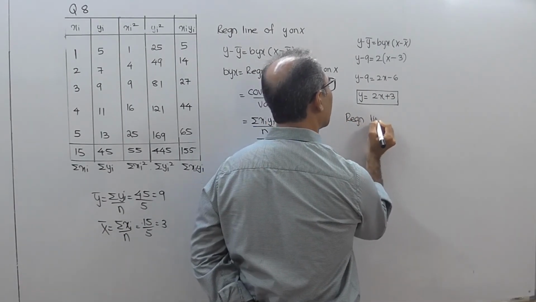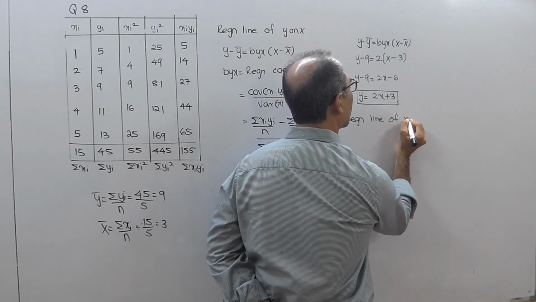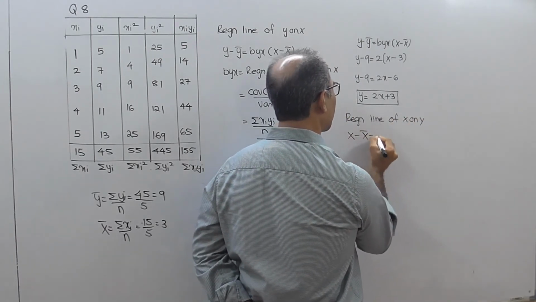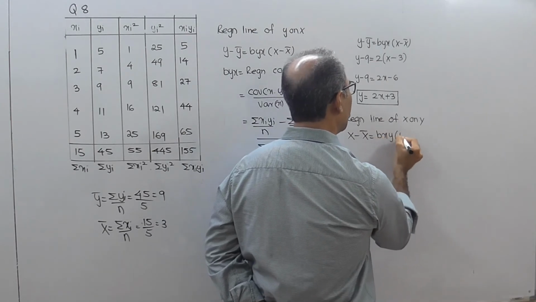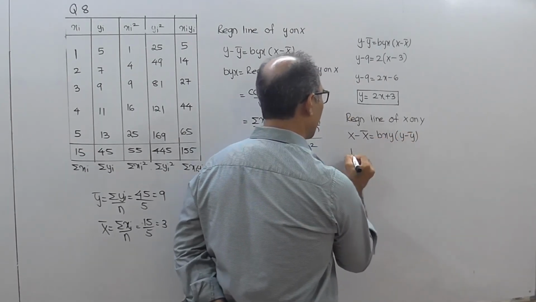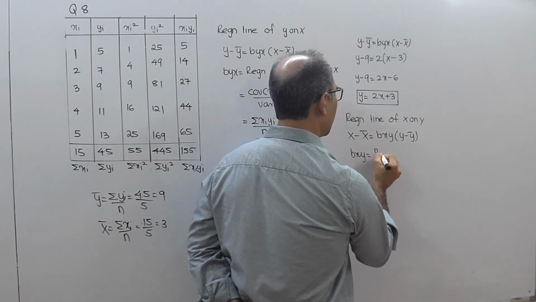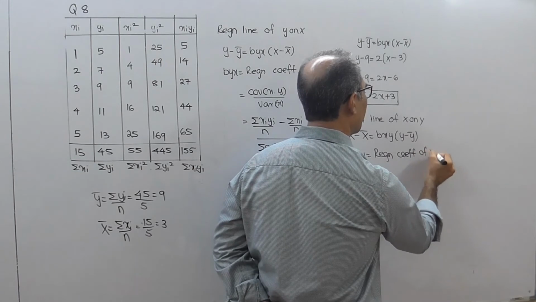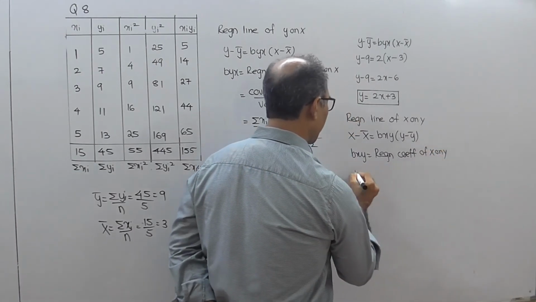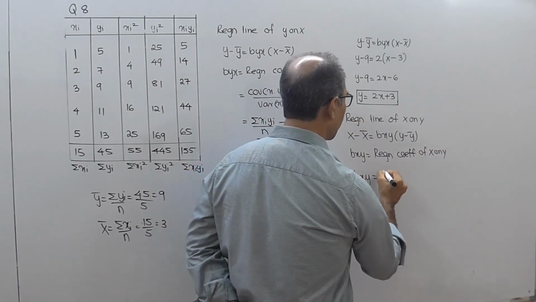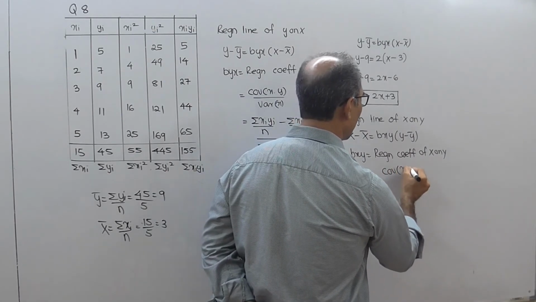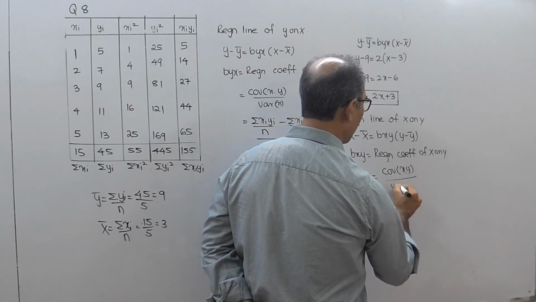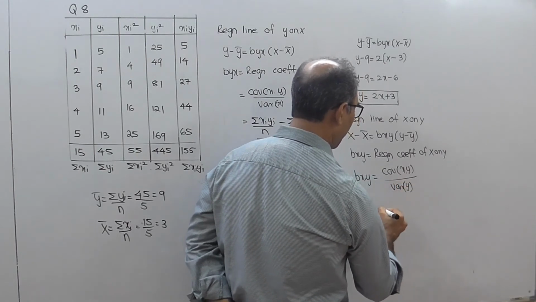We have to find the regression line of x on y, which is nothing but x minus x bar equals bxy times y minus y bar. bxy is the regression coefficient of x on y, equal to covariance of xy, the whole upon variance of y.